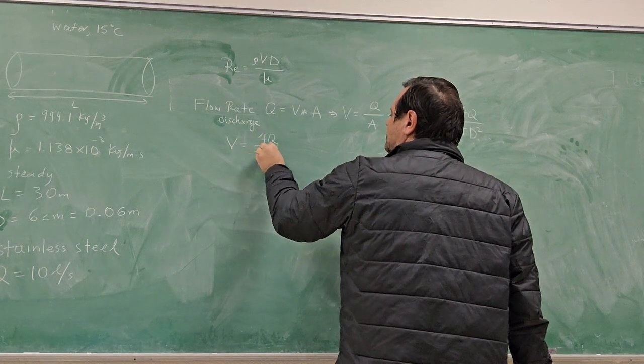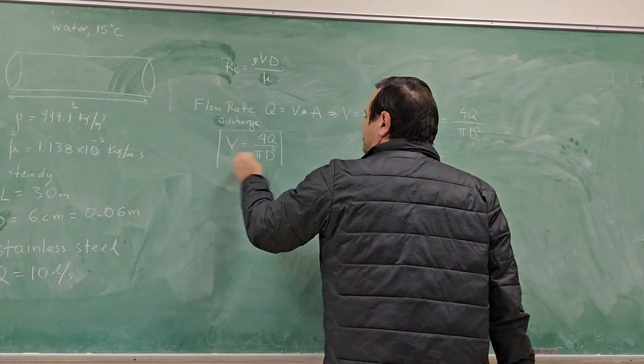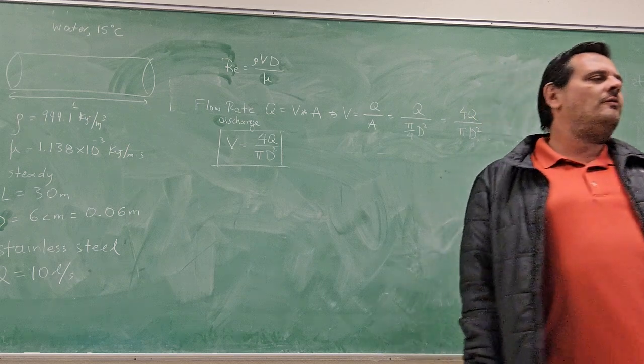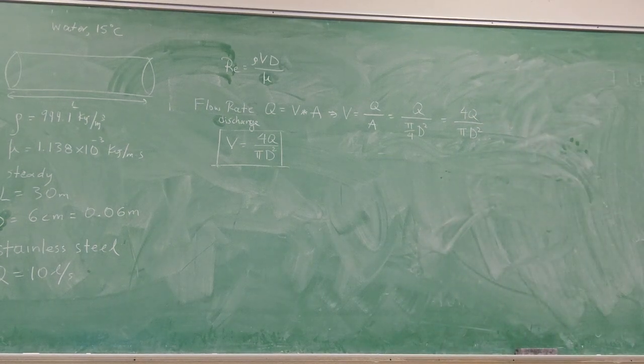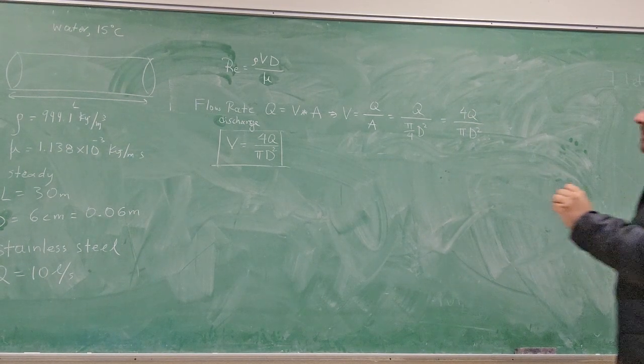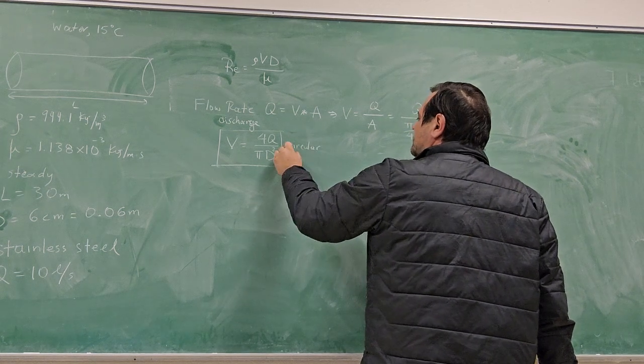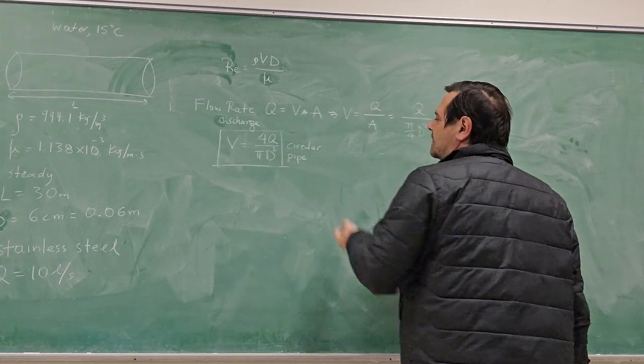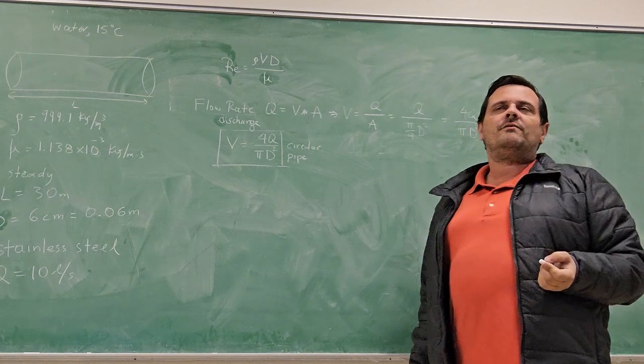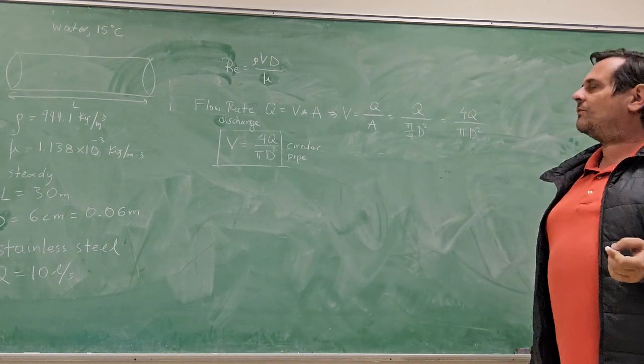The velocity is always 4Q over pi D squared for a circular pipe. That's how you calculate the velocity, knowing the flow rate and the diameter of your pipe.